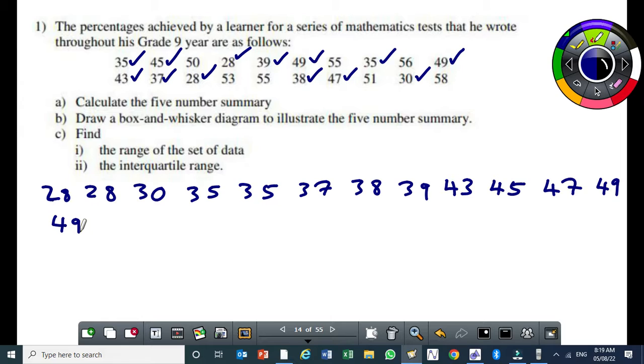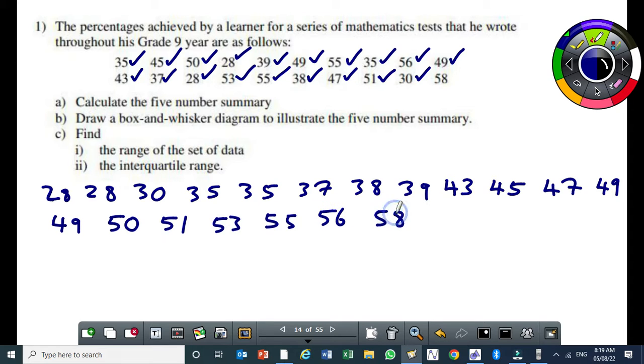Then we have got a 50, and then 51, yes. 53. So we've got a 51, 52, no, we've got a 53, and then we've got a 55. 55. Okay, 55, we've got 2, and then 56, right? And then 58.